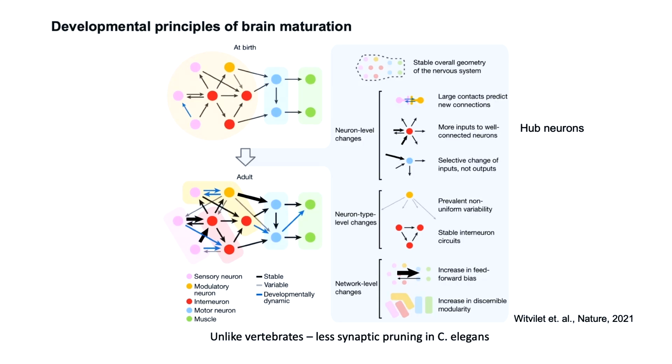Some of these modulatory neurons are connected to similar sort of connections, but also you can see that there is a more increase in the feed forward bias, meaning that feed forward bias is when signal is flowing from sensory side to the downstream side, meaning the interneuron side or motor neuron side. The feedback loop is when interneuron gives back signal to the sensory side to modulate their behavior. So, most of the time the feed forward loop is getting increased, but not the feedback type.